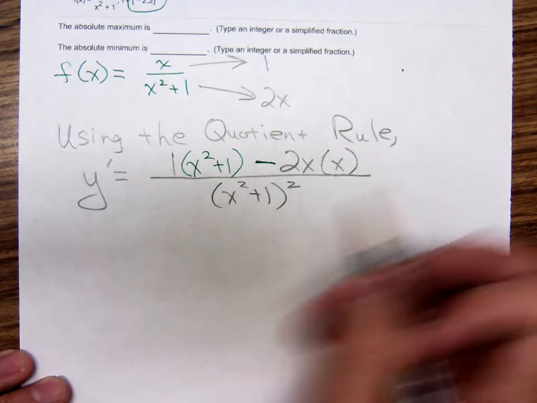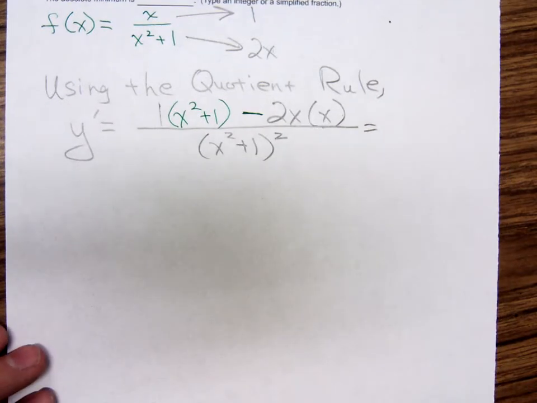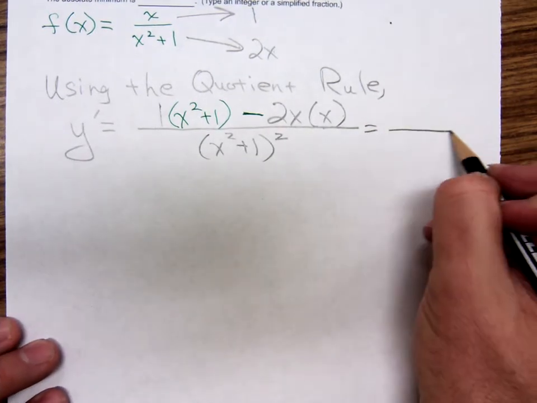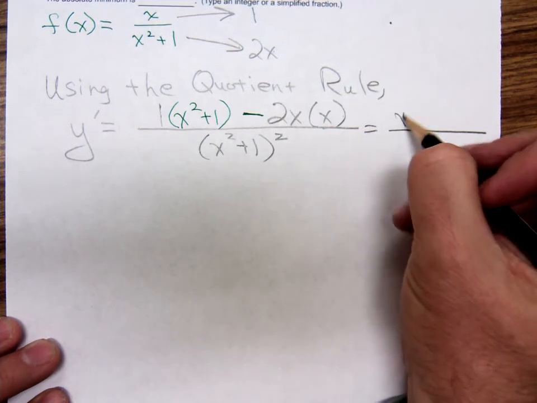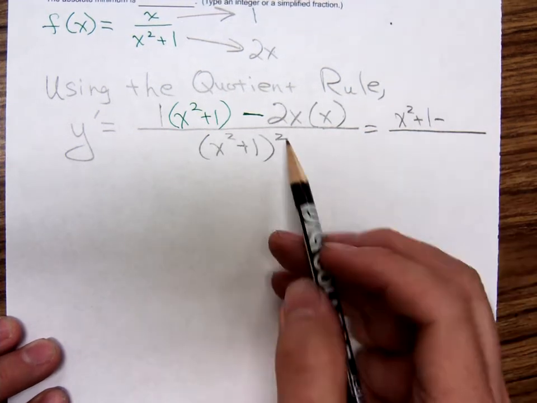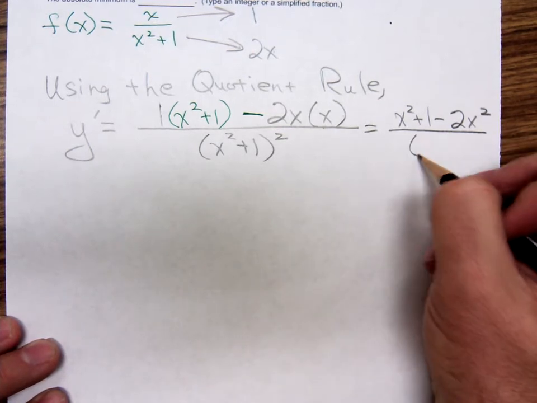And we can clean that up a little bit. That is x squared plus 1 minus 2x times x, that gives me minus 2x squared.